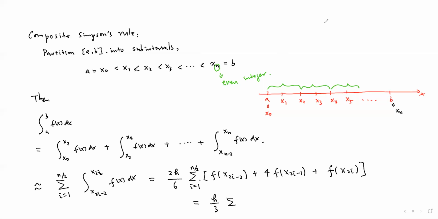times f of x0 plus 2 summation i from 2 to n over 2 of f at x(2i minus 2), plus 4 times summation i from 1 to n over 2 of f at x(2i minus 1), and then plus f of xn.